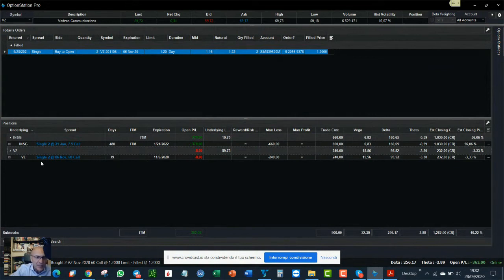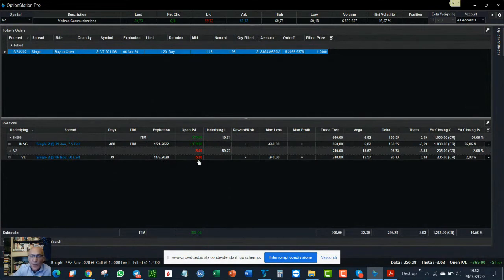So in this case, we just put on the market a November 6 expiration call with a strike price of 60, 39 days. The expiration is November 6, 2020.